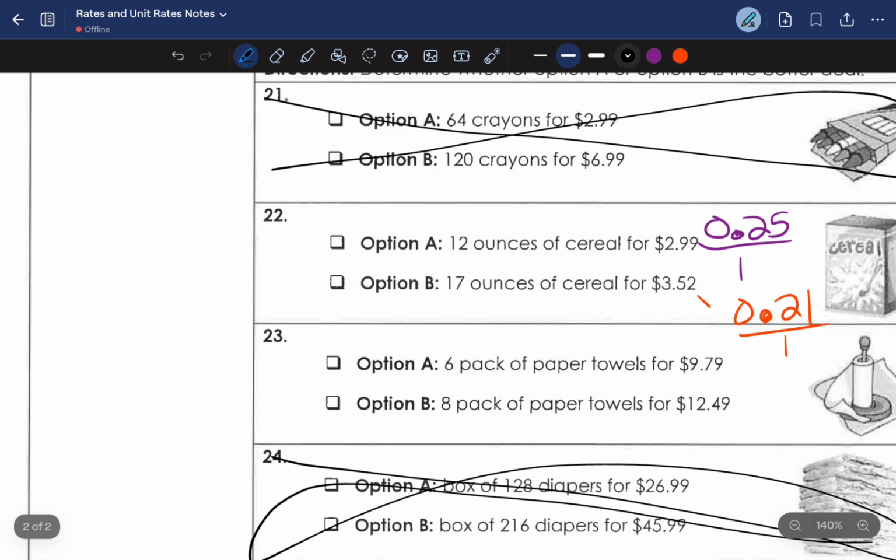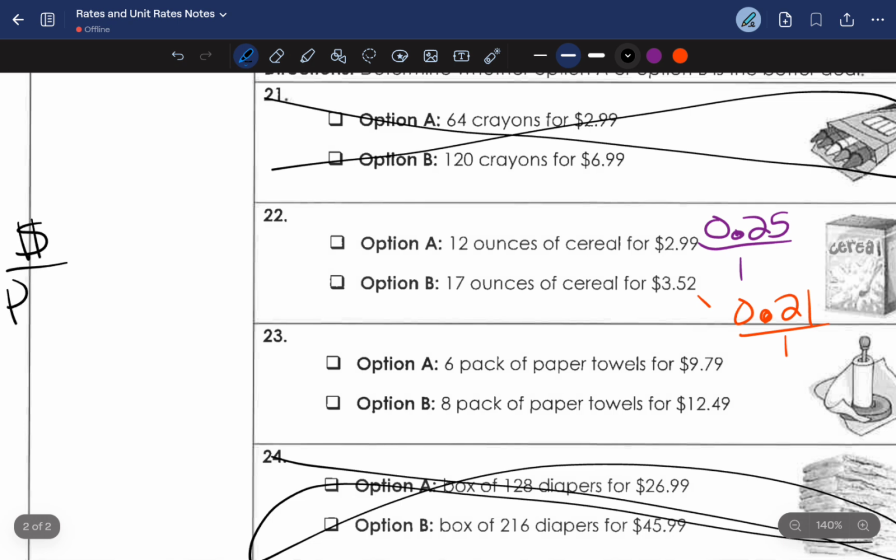Next one, number 23. It says option A has a 6-pack of paper towels for $9.79. And then option B has 8-pack of paper towels for $12.49. So again, you would just want to do like the price over packs, because that's what we're wanting to know.